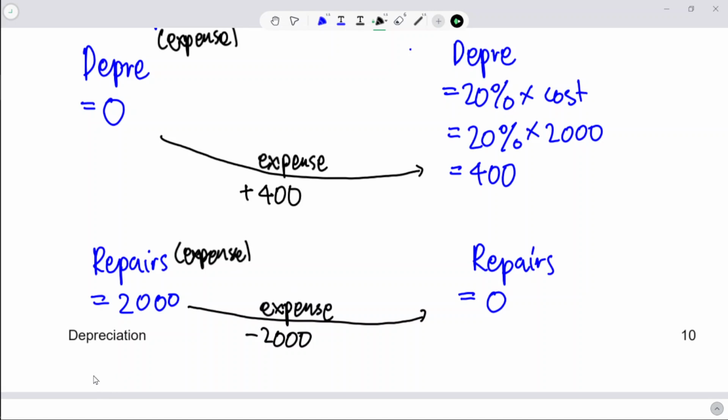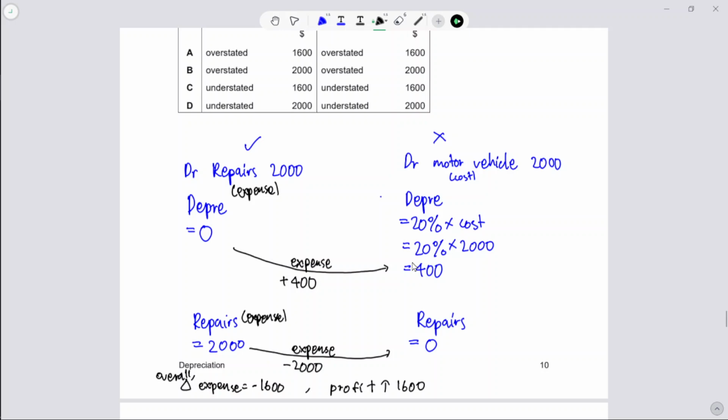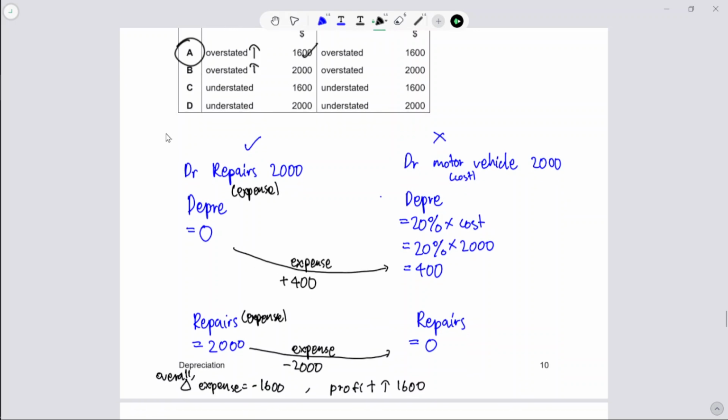Okay. In overall the expense is minus 1600. So the profit will go up 1600. Okay. So the profit will go up 1600. So it's A.